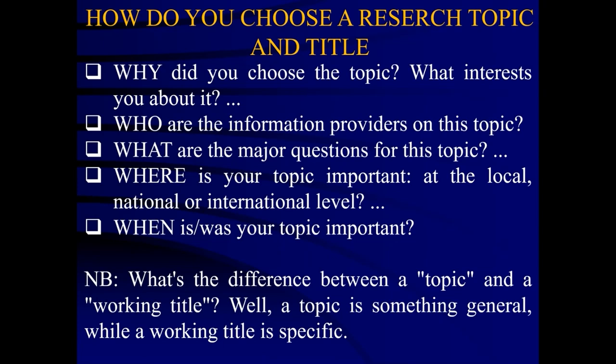Who are you going to engage with in order to get the information for you to complete your study? And then you also need to think about what are the major research questions within the topic. Once you have the topic in mind, you need to ask yourself, what questions can you bring in order for you to respond to the particular problem that you have identified?